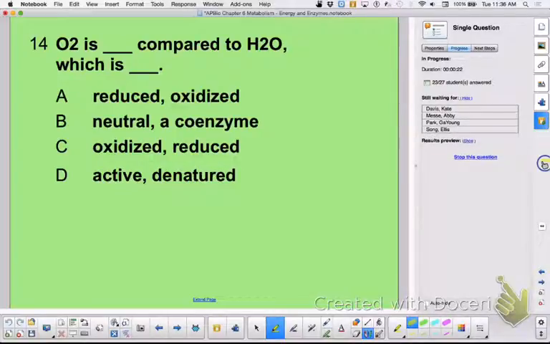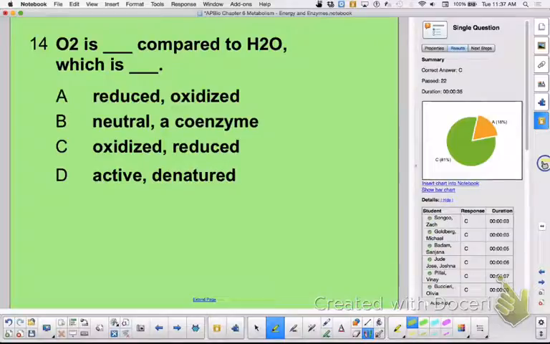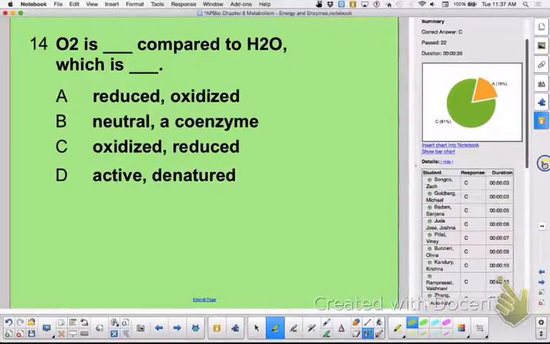Oh yeah, C. So C. Oh, better. Go, Zach. Oh, Michael, is that disappointing just a little bit? Okay, now, O2 got what? Oxidized, whereas water, which is? Reduced.